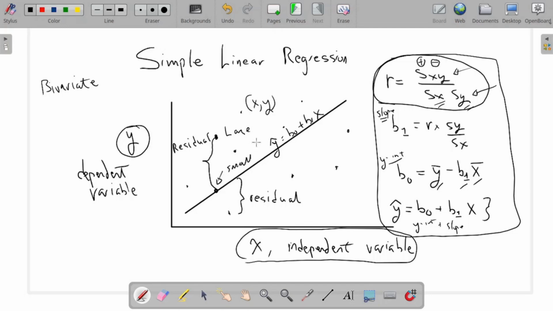So that means we take the observed value and subtract the predicted value, we get a positive residual. However, down here, where the predicted value is large and the observed value is small, we end up with a negative residual, which can be used to answer certain questions as well.